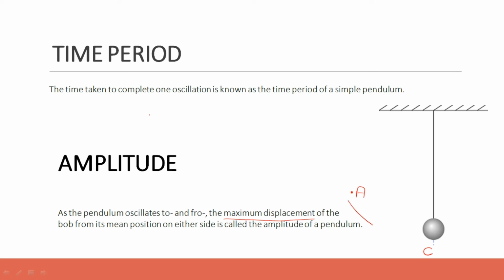If you measure the distance between the mean position and the extreme position, this will give you the amplitude. So basically it is the maximum displacement from the mean position on either side.